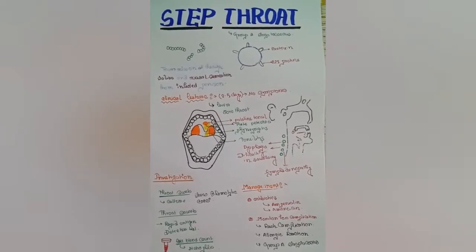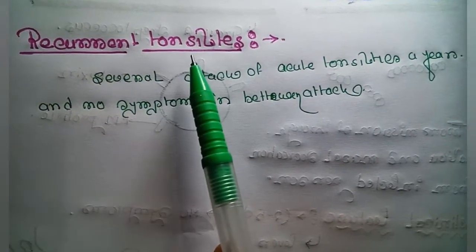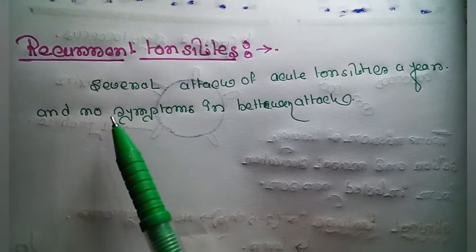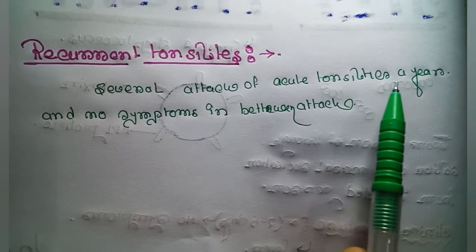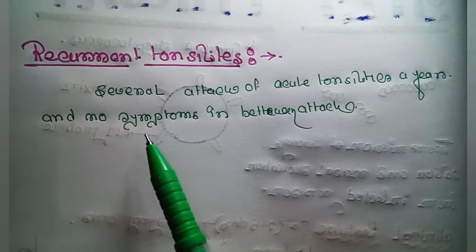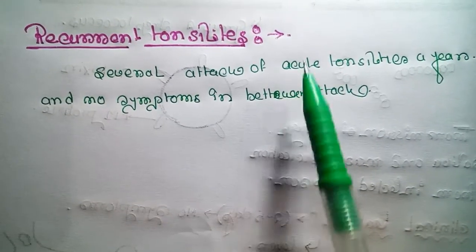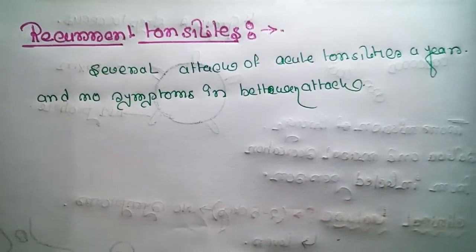Okay? Sometimes people experience recurrent tonsillitis. What is recurrent tonsillitis? Several attacks of acute tonsillitis a year, with no symptoms in between attacks. I think the number of attacks is 6 in a year.